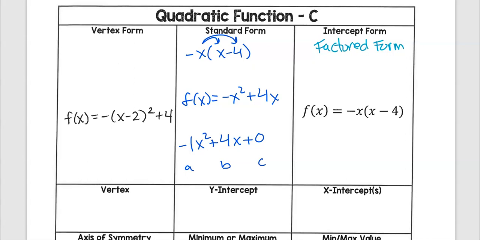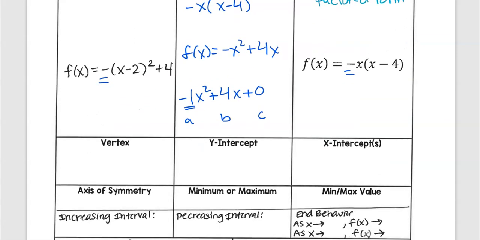What's my A value? -1? Look, -1, -1, -1. They all have an A value of -1. Okay, yeah, so this one's opening down this time. Good, so we know they're all opening down. It's going to be what? Yeah, so we're going to have a maximum this time.